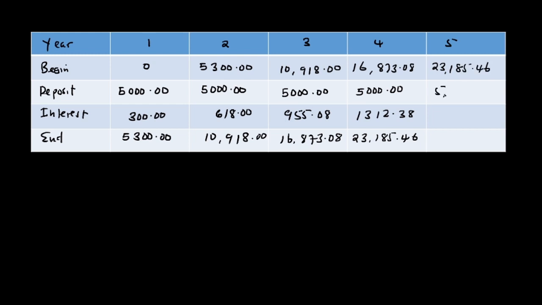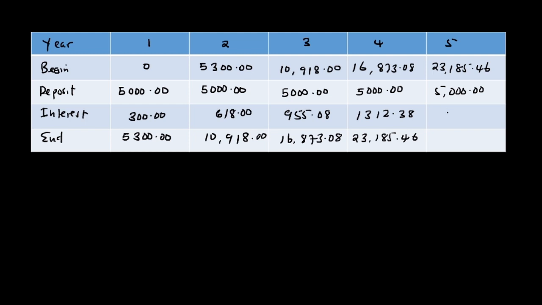You deposit 5,000. That's going to be 28,185.46.